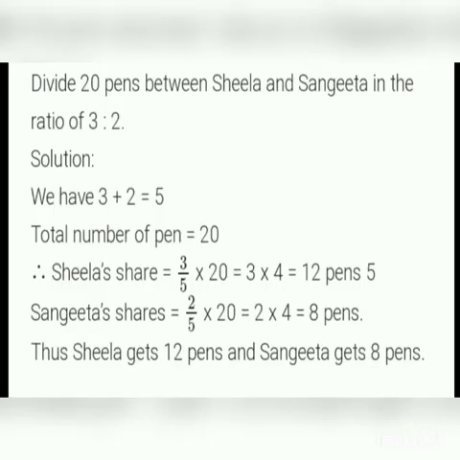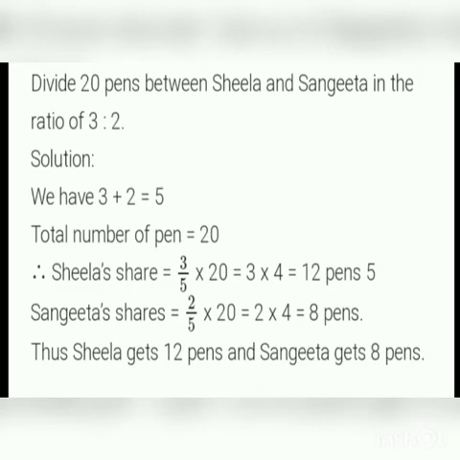Next question. Divide 20 pence between Sheila and Sangeeta in the ratio of 3:2. This is another type of question. That means here they have 20 pence and they want to divide between two people, that is Sheila and Sangeeta, and the dividing ratio is also given, that is 3:2.